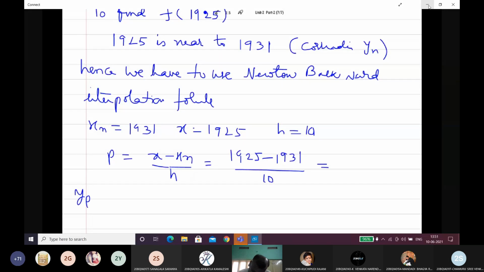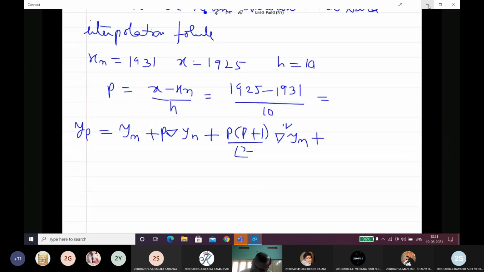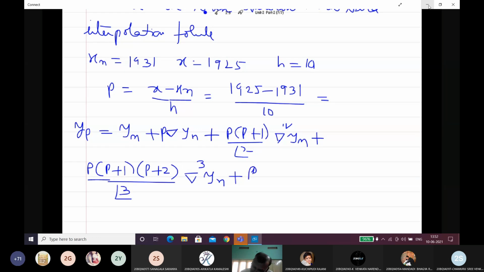Now yp, the formula is equal to yn plus p into del yn plus p into p plus 1 by factorial 2 del square yn plus p into p plus 1 into p plus 2 by factorial 3 del cubed yn plus p into p plus 1 into p plus 2 into p plus 3 by factorial 4 del power 4 yn.